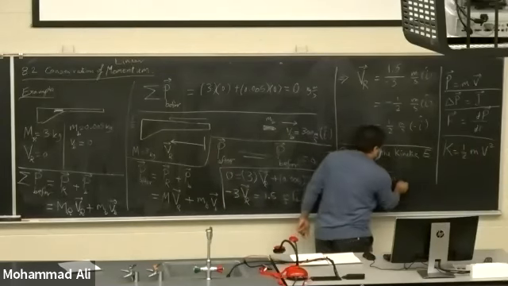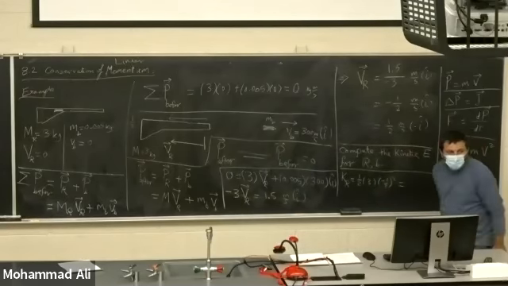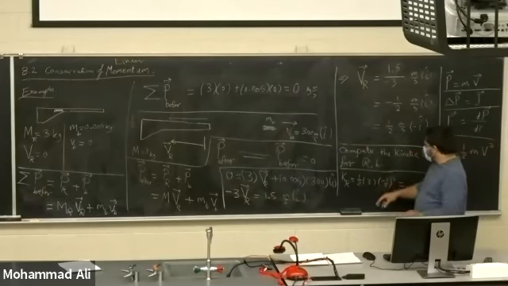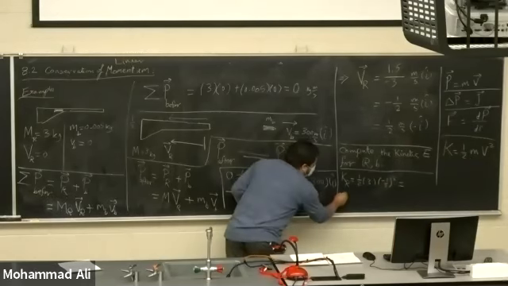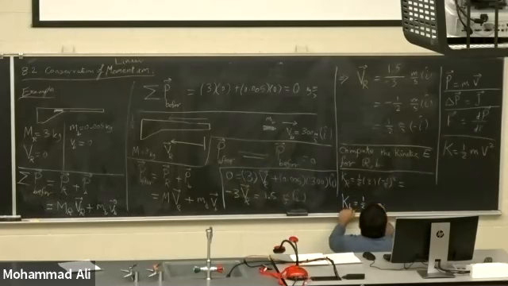This will be equal to... Let me compute now the kinetic energy for the bullet, which is equal to half multiplied by 0.005 multiplied by the velocity, which is 300, squared. This will be equal to a value.